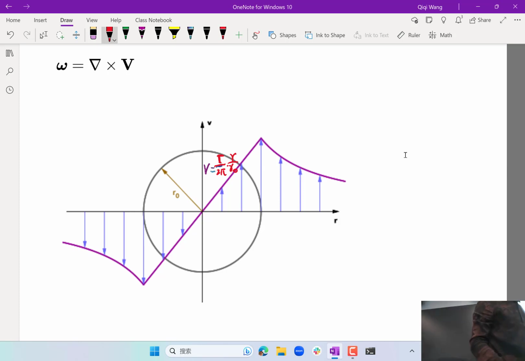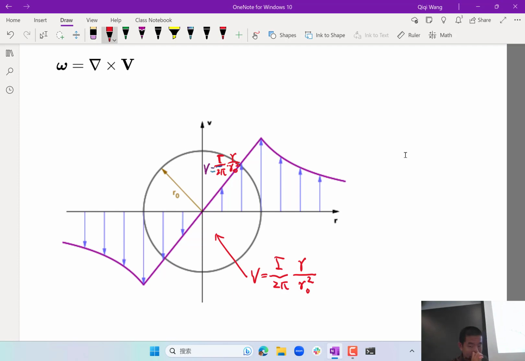Actually, it's a little bit different from that. Sorry, the velocity is 1 over 2 pi times R over R naught squared. So inside of here, velocity is gamma over 2 pi times R over R naught squared.